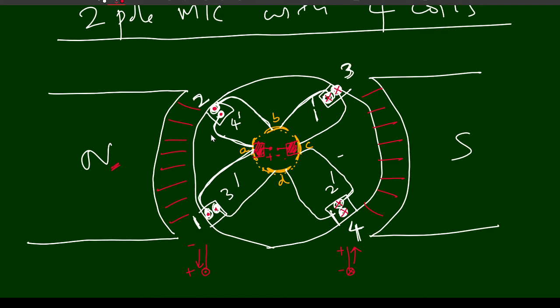Okay, so when I connect these two ends like this, and this backside end like this, then the entire EMF will be adding, and if this is E and this is E, I will be getting 2E voltage across these two terminals, plus minus.